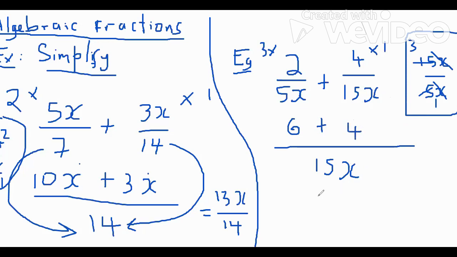So what's the answer? 10 over 15x. Cancel it out. 5 into 10, 2. 5 into 15, 3. So it's 2 over 3x.